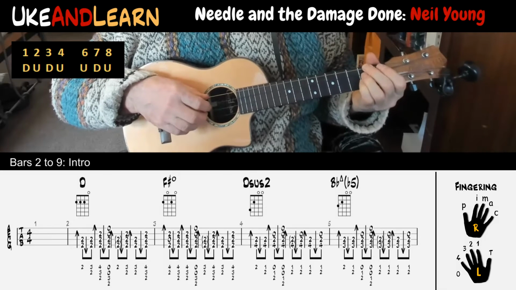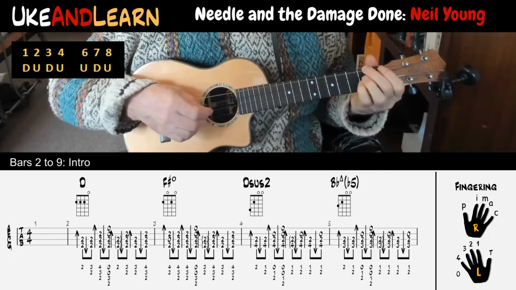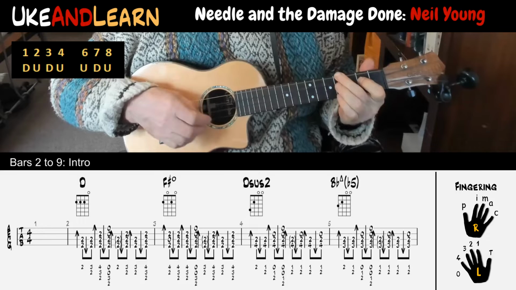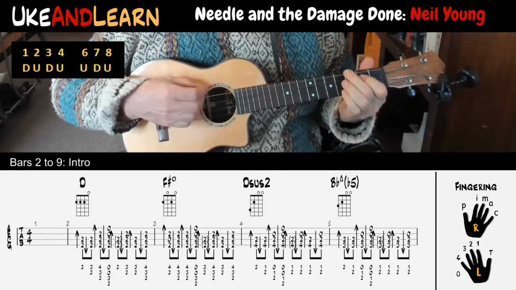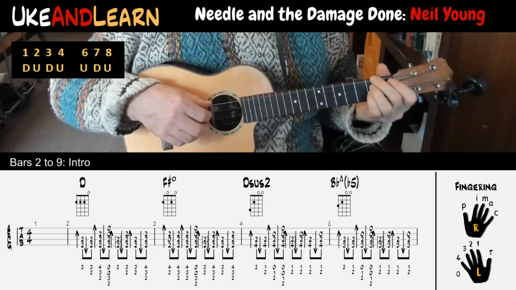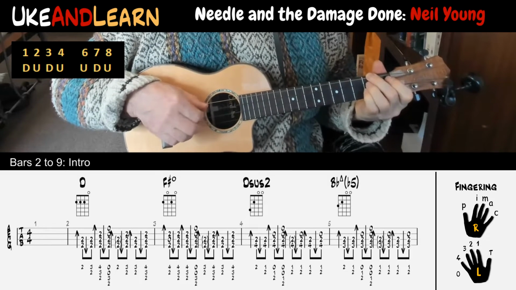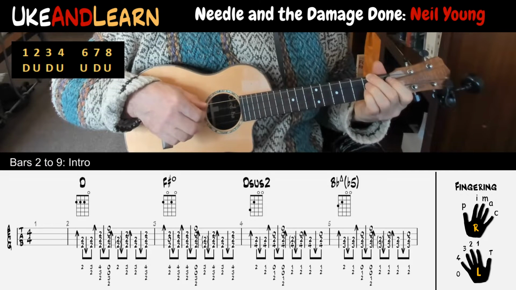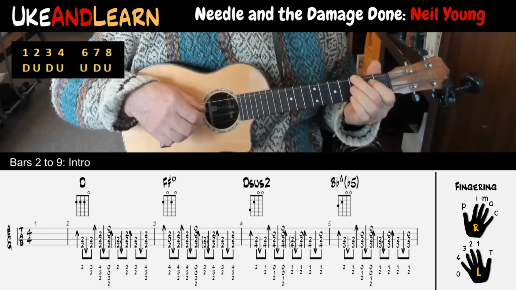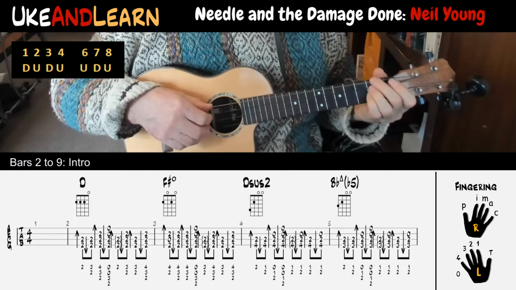So looking at bars 2 to 5, if I was just going to pick them, it would sound something like this. But when you strum them, you just flesh it out a bit more.